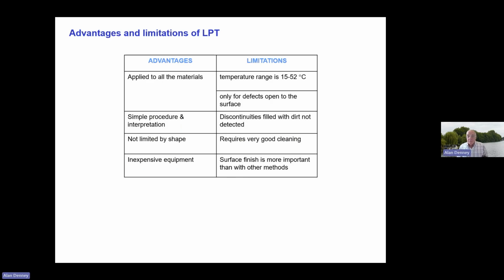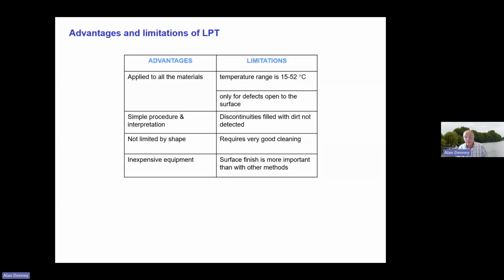So what are the benefits of dye penetrant, or liquid penetrant? Well, it can be applied to all materials. The temperature range is again limited. It's only a surface detection method, as we've said multiple times. It's very simple procedure. It's very simple interpretation.